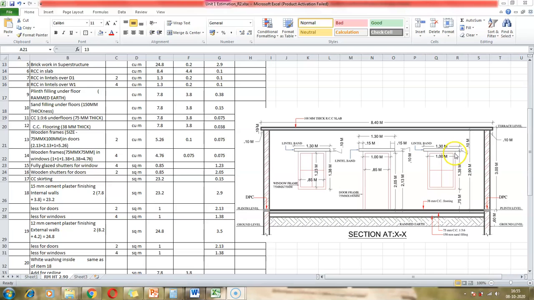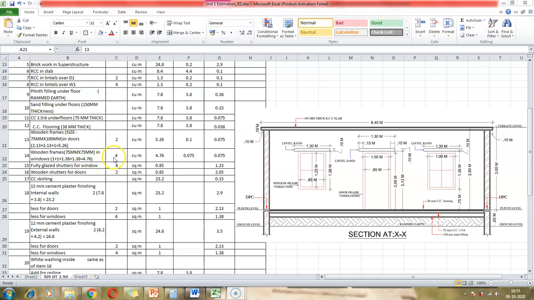The width is 1 meter, so 1 plus 1.38 is the height of the window. Again 1 meter plus 1.38 meters. So that is the length of the wooden frame. So it becomes 1 plus 1 plus 1.38 plus 1.38, which is equal to 4.76.